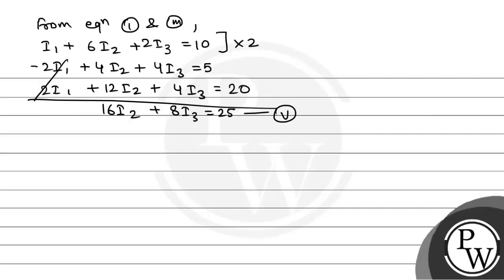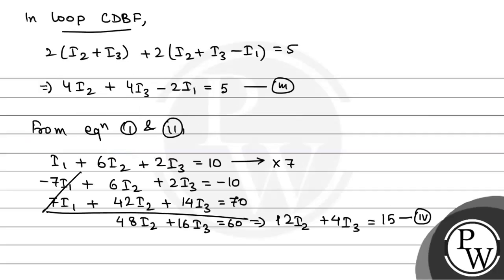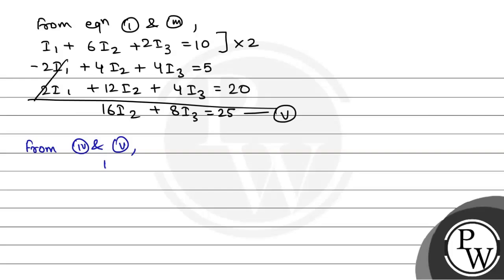Now from equations 4 and 5, fourth equation जो है हमारे पास that is 12I2 plus 4I3 is equal to 15, and fifth equation is 16I2 plus 8I3 that is equal to 25.